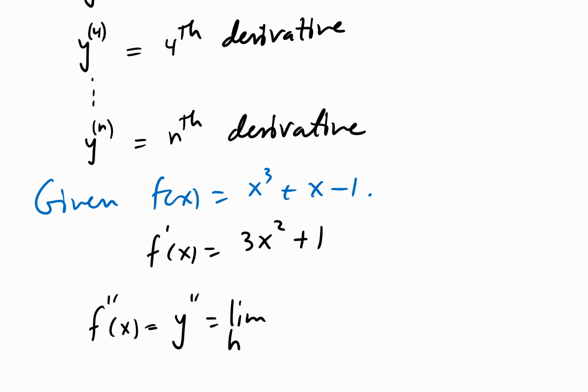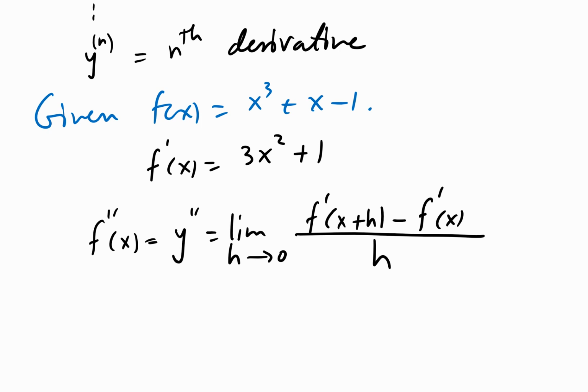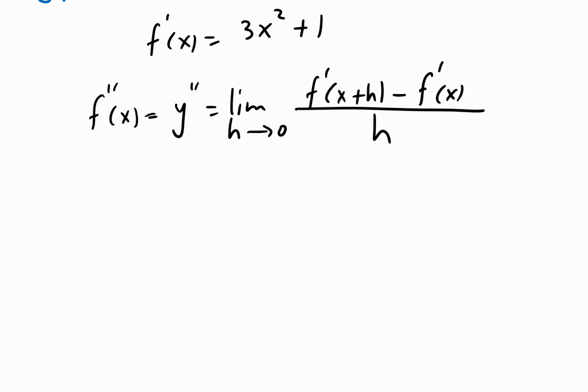Is the limit as h goes to 0 of what? Remember, for f prime we wrote f of x plus h minus f of x over h. But for y double prime it is f prime of x plus h minus f prime of x over h. Try it this way now.